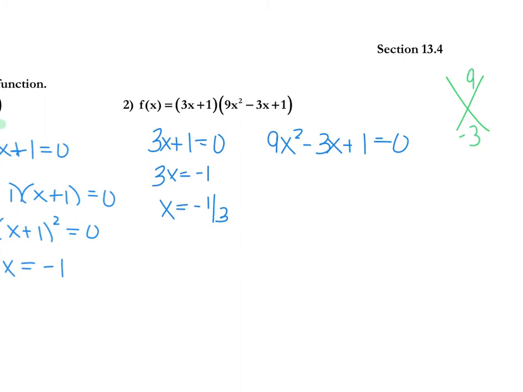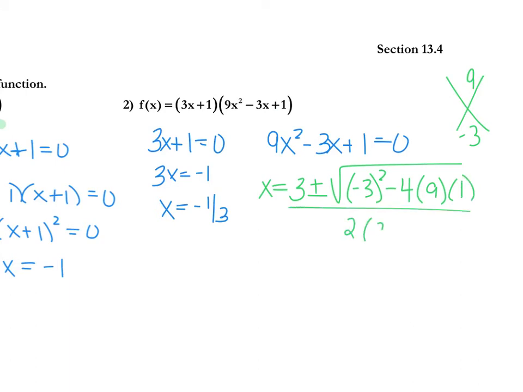Are there two numbers that multiply to 9 and add to -3? No such luck. So we have to use our good old friend, the quadratic formula. So x equals opposite b plus or minus the square root of b squared minus 4 times a times c all over 2a.